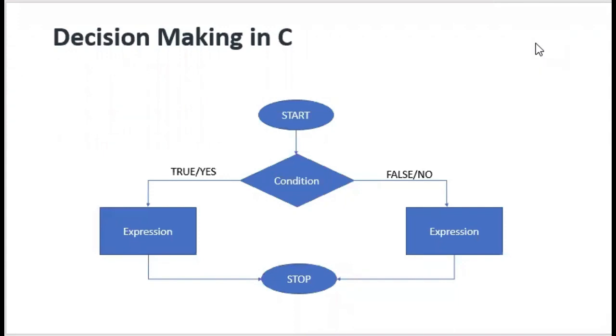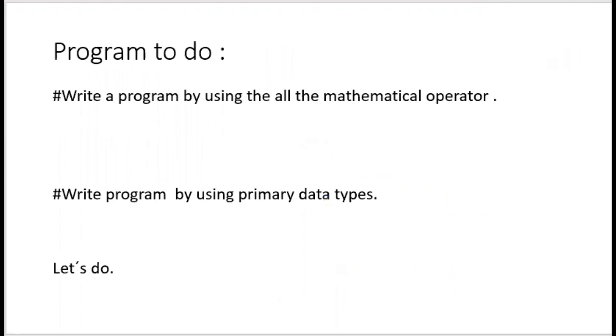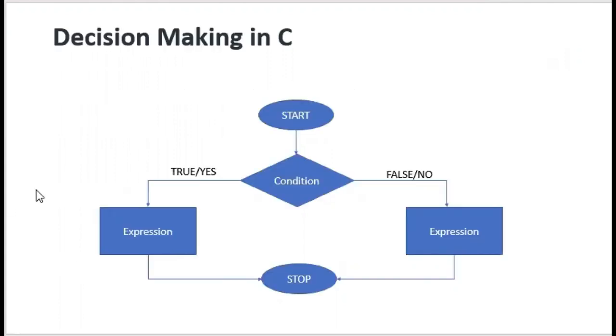You can practice as many programs as you can using multiple operands, multiple data types, and multiple operators. Let's proceed to the next section, which is decision making in C. Mostly it is called loops. How loops are used in C will be our next session. Thanks for your time.